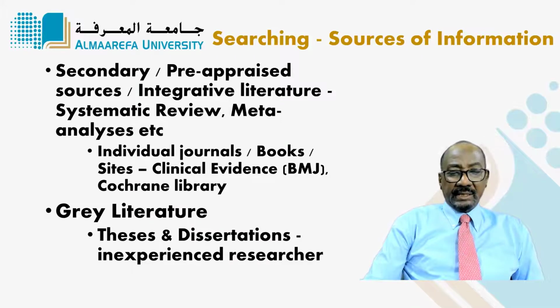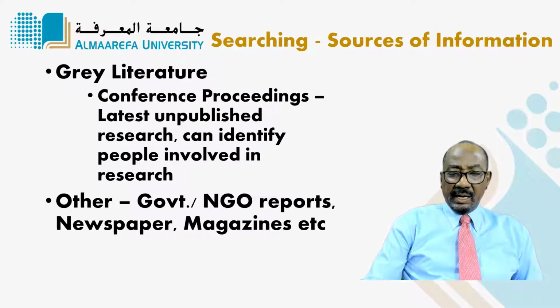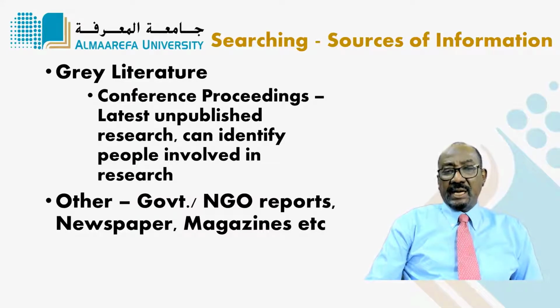Finally, you can look at gray literature like theses, dissertations, and even inexperienced researchers and unpublished data, and also conference proceedings. And these are the latest but are still unpublished research, and this can help you identify people involved in the research, and you can get in touch with them.